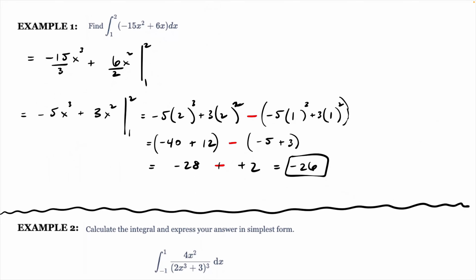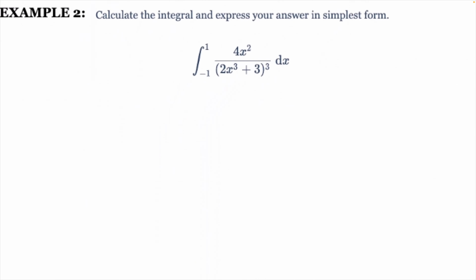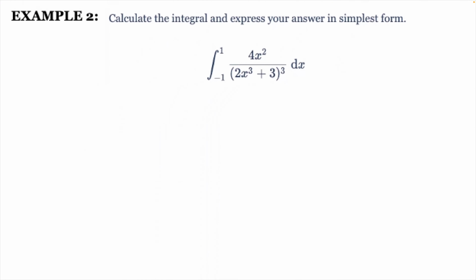So number two. So we have to evaluate this guy from negative 1 to positive 1 for the function. So you can rewrite it. You don't have to rewrite it. If I was to rewrite it, I would have negative 1 to positive 1, 4x squared, and then this is 2x to the third plus 3 to the negative 3.